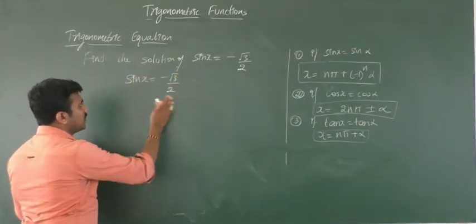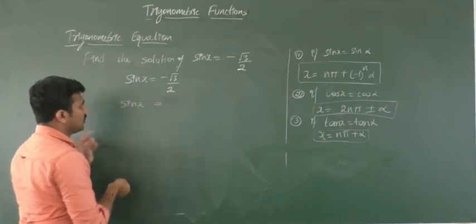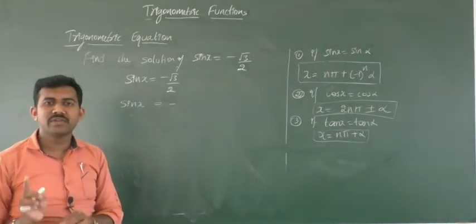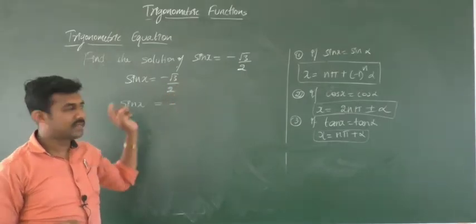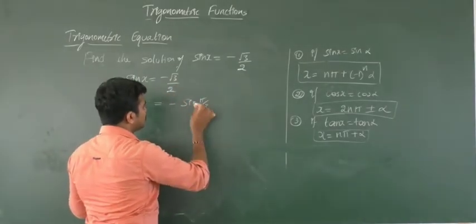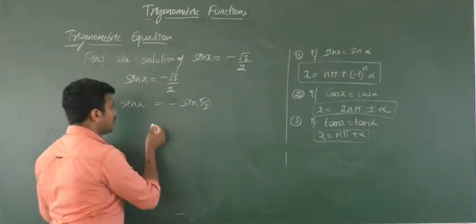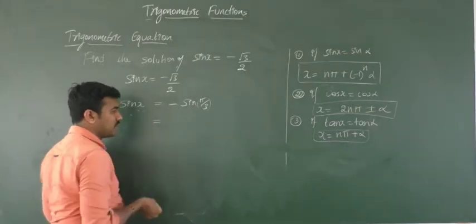Now, this can be written as sin x is equal to minus, keep as it is, root 3 by 2. When sin takes the value root 3 by 2, in the first quadrant you will get sin 60 degree, which means sin pi by 3 is equal to root 3 by 2. Now here the sin value you got is negative. Where do you get sin negative?